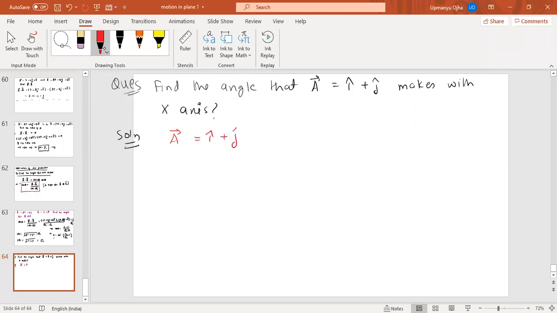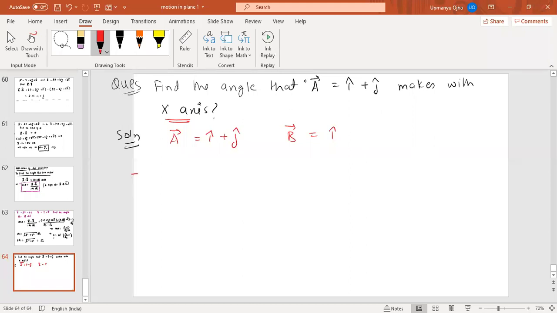Now x-axis. If in the question they tell you x-axis, which means you can assume x-axis as b vector, which has i cap direction, because for the x-axis, the direction will be only i cap. So we have to find the angle.